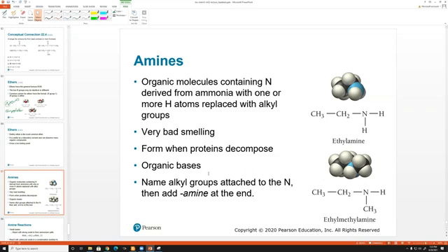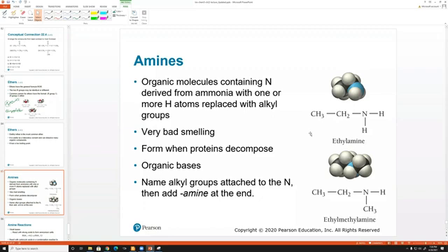Ammonia is the simplest amine. So you already know one of them, NH3, and you basically name what's attached to it, and then the amine after it. And yes, they're weak bases because of nitrogen, right?